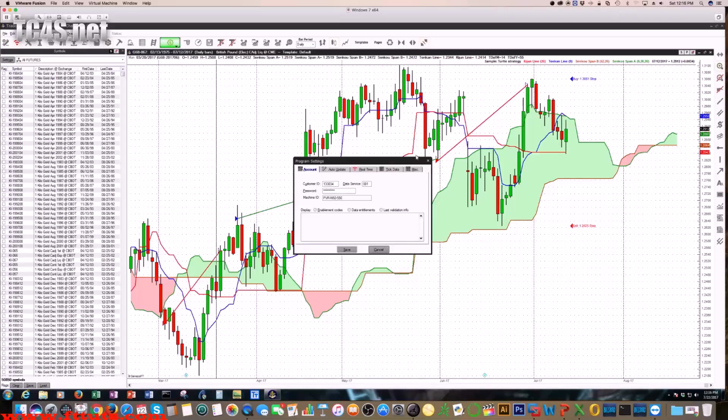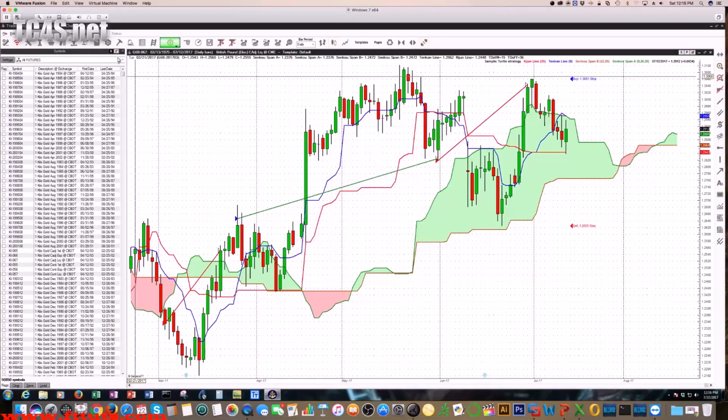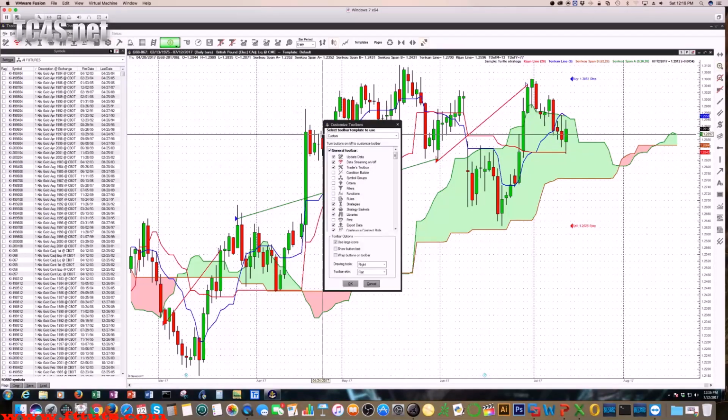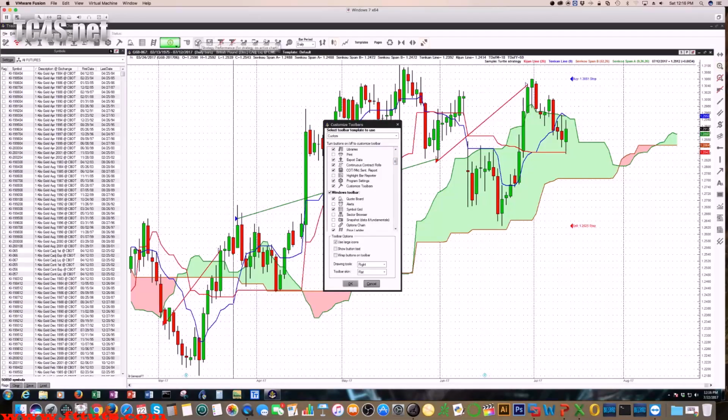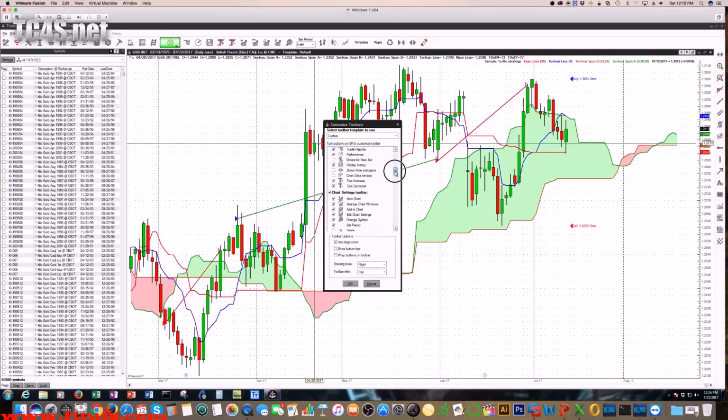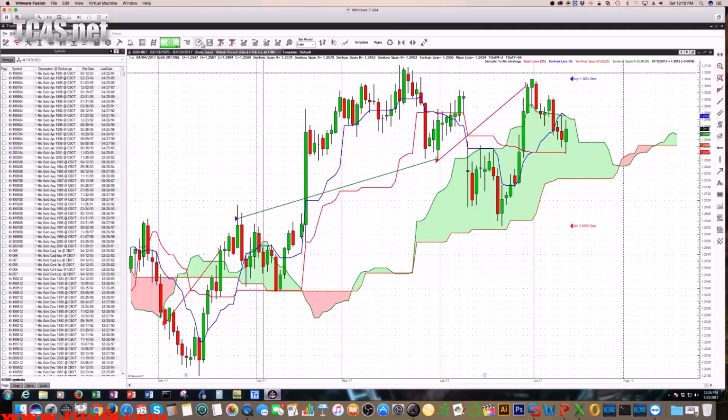Settings. Oops, not settings. I came in to customize the toolbar, the little hammer icon, and I ticked the little box here to show strategy performance report. That's how I got it up there. If you ever open TradeNav, you probably won't have that, so you have to put it up there.